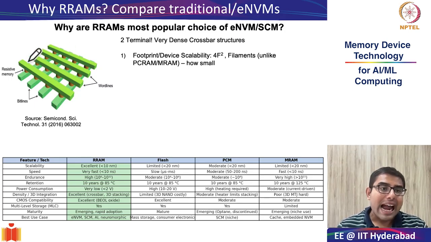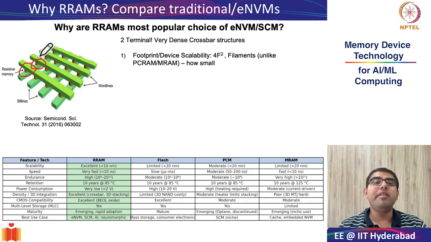This is because at the cross point of bit line and word line, with very low footprint, you can create individual memory devices. So that is the key promise: with just 4F squared and dense crossbar structures, you can have very high bit density.